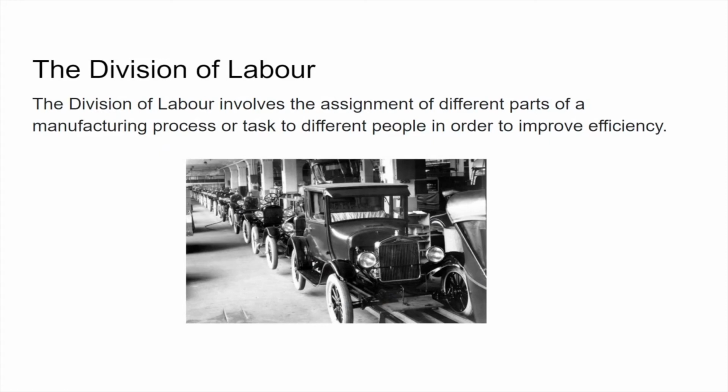Now, there was no such thing as an assembly line before Henry Ford. Cars used to be made by craftsmen, and I say men because it was all men, who would produce the car from nothing to the finished car. They did everything. Obviously, you needed a lot of skill to take nothing and make a car out of it.